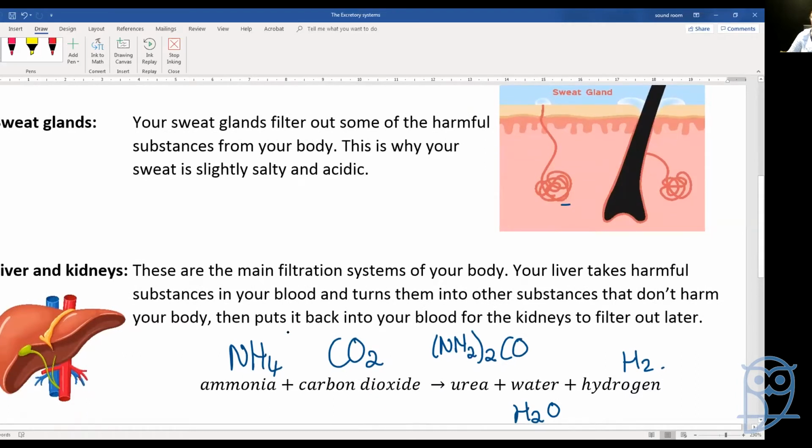If you have a fever, then you've got lots of bacteria in your body and your body is trying to get rid of it. So it's trying to literally get rid of all of the different bits and bobs of bacteria stuck in your body. So if you are in a fever, you tend to sweat a lot, and that is to get all of these bad things out of your body as quickly as possible.